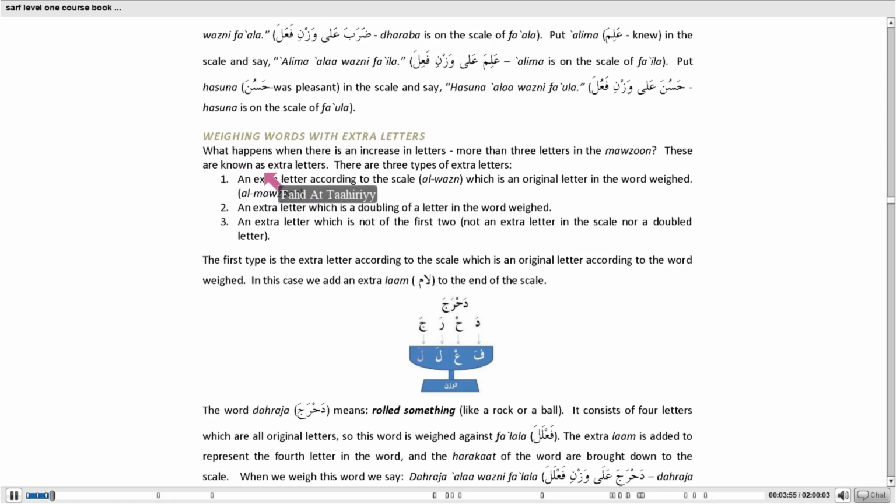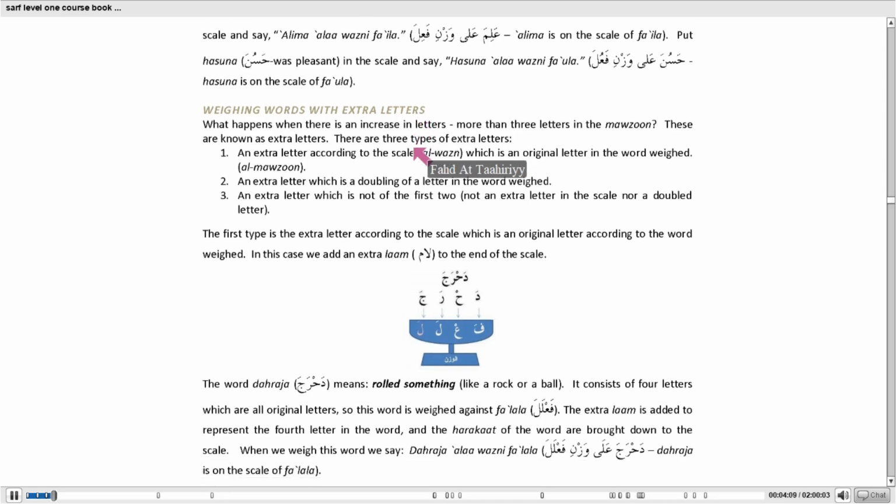Now, what happens when there is an increase in letters? When there are more than 3 letters. We said before that the least number of letters you can find in an Arabic word is 3. So what happens when there are more than 3 letters in the mawzun? What did we say the mawzun was?